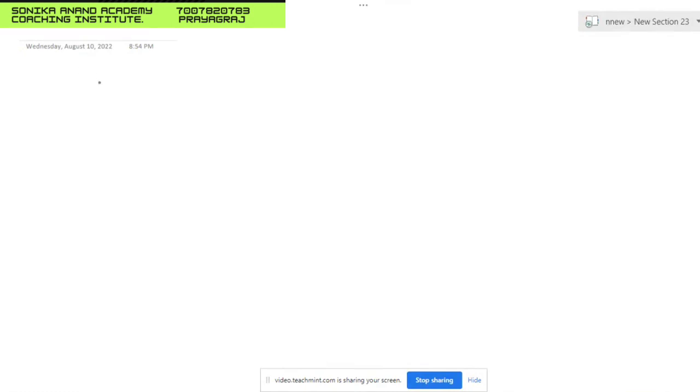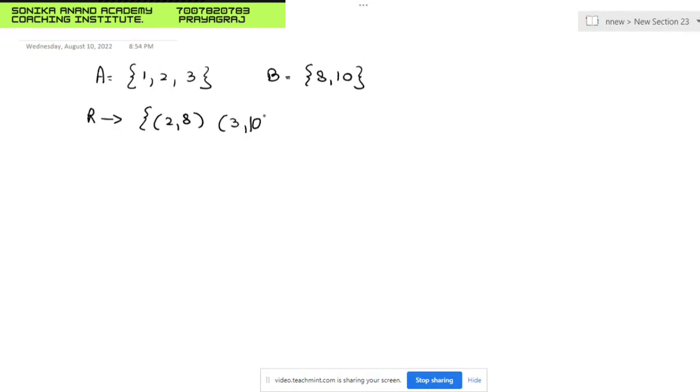For example, we have a set A: 1, 2, and 3, and set B: 8 and 10. Now there's a relation given to us: 2 and 8, 3 and 10. Say whether this is a function or not.